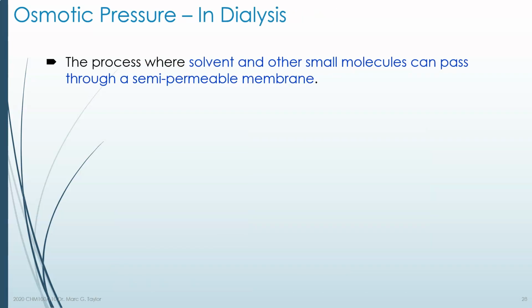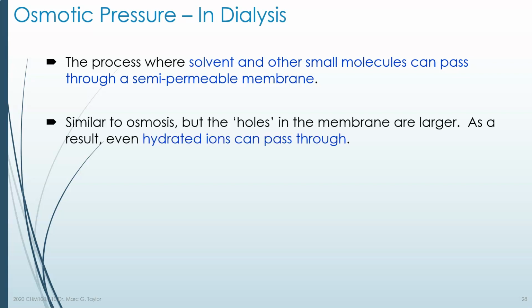So, osmotic pressure, remember, it's moving of the fluids across the membrane, this diffusion of your solvent across the membrane, and people can take advantage of this using a process called dialysis. So this is a process where we have a semi-permeable membrane, and it might be shaped in different ways, and we want solvent, or water usually, and maybe some small molecules to pass through the membrane, but we want to keep the big molecules on the inside.